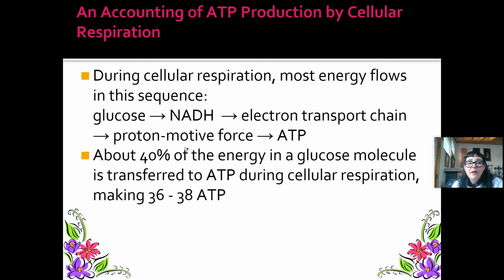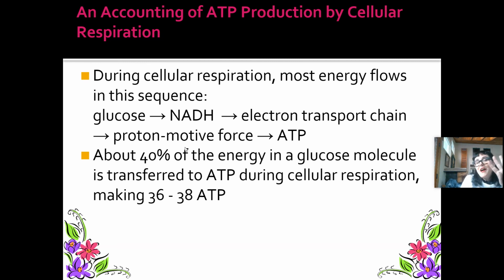Now, 40% of the energy in a glucose molecule is going to be transferred to ATP. And that's pretty energy efficient, believe it or not. It makes anywhere from 20 something to 38 ATP. Now you might say, wait a second, Robson, you said less than that earlier.